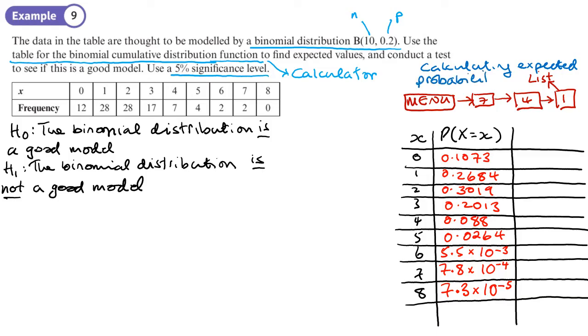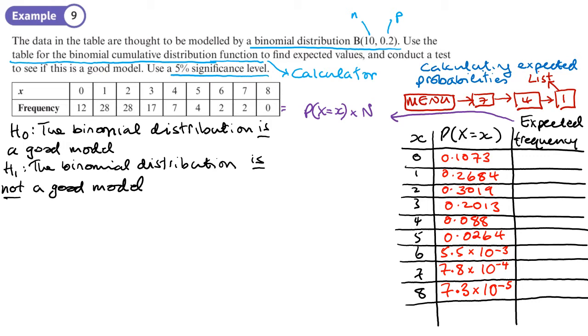I'm now going to calculate the expected frequency here, and the way I'm going to do that is that we need to take each expected probability and times it by n, which is the total number of observations, and I'm going to get that by adding together all of the frequencies.